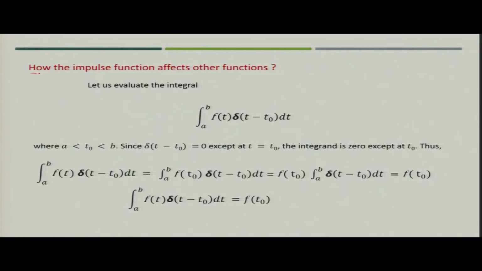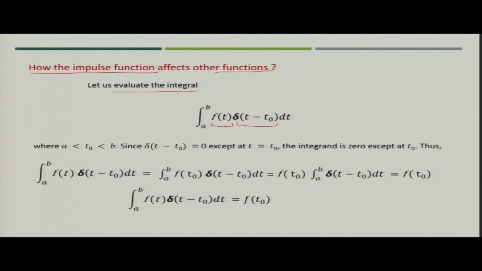Now, how does this impulse function affect other functions? Let us see what will happen when you combine the impulse function with any other function. Let us say we have one function f t, and we are associating one Dirac delta function with it.